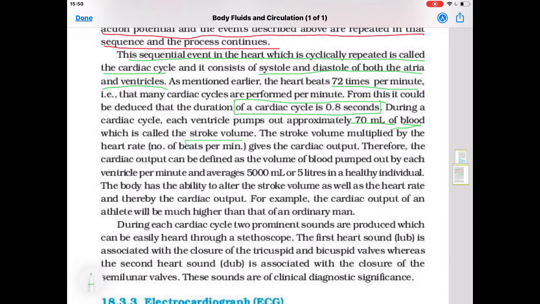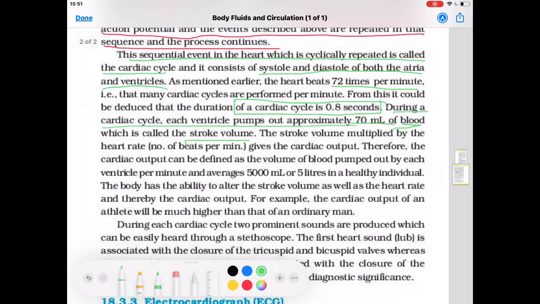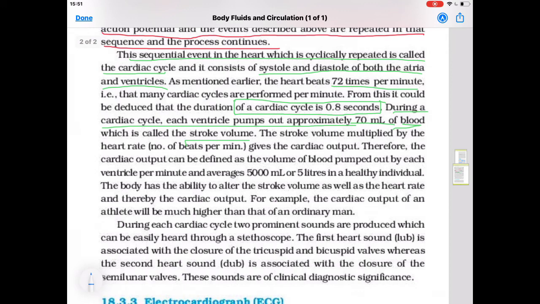The stroke volume multiplied by the heart rate gives the cardiac output, how much blood is passed out. The stroke volume multiplied by the heart rate is the cardiac output per minute.